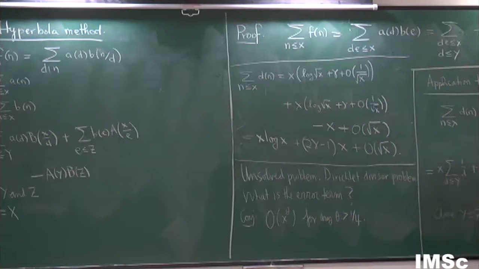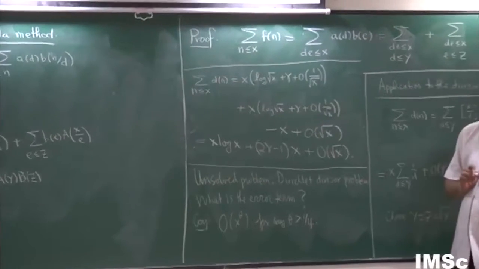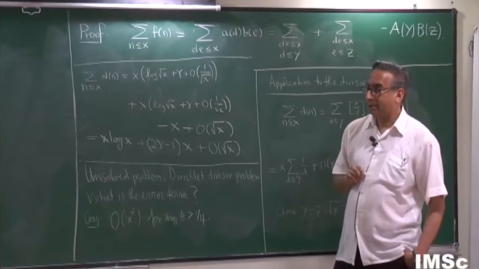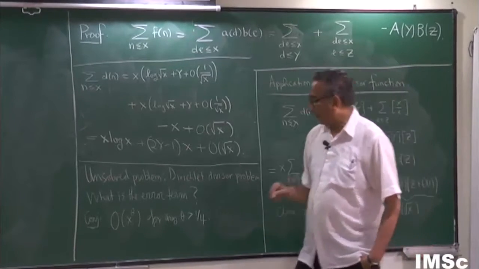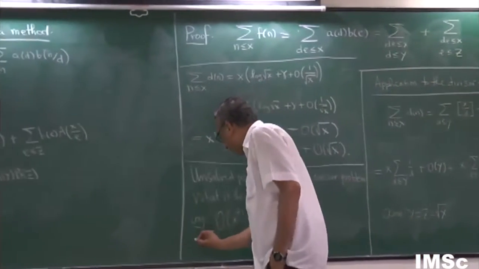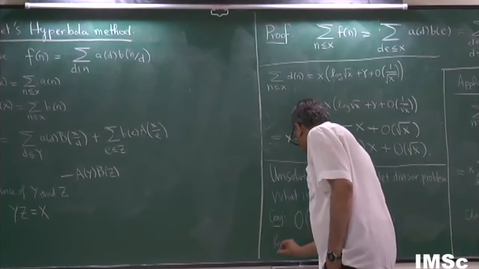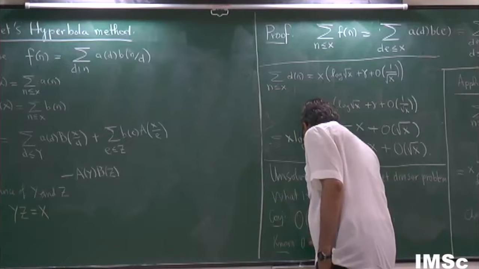Now, one can show that theta equals a quarter doesn't work. These are called omega theorems in analytic number theory. So it is known that theta equals a quarter is false.